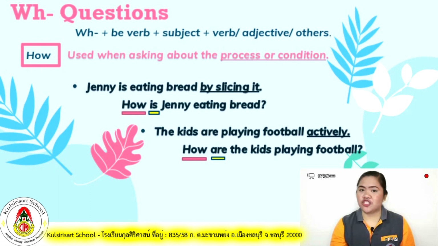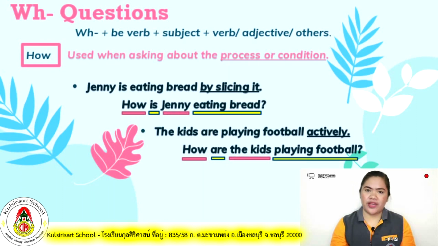And later, you are going to answer an exercise. As you can see, this is an exception of WH. Although it doesn't start with WH, it is still included. The how is still included in the WH words. We have WH plus be verb plus subject and the verb and the continuation.